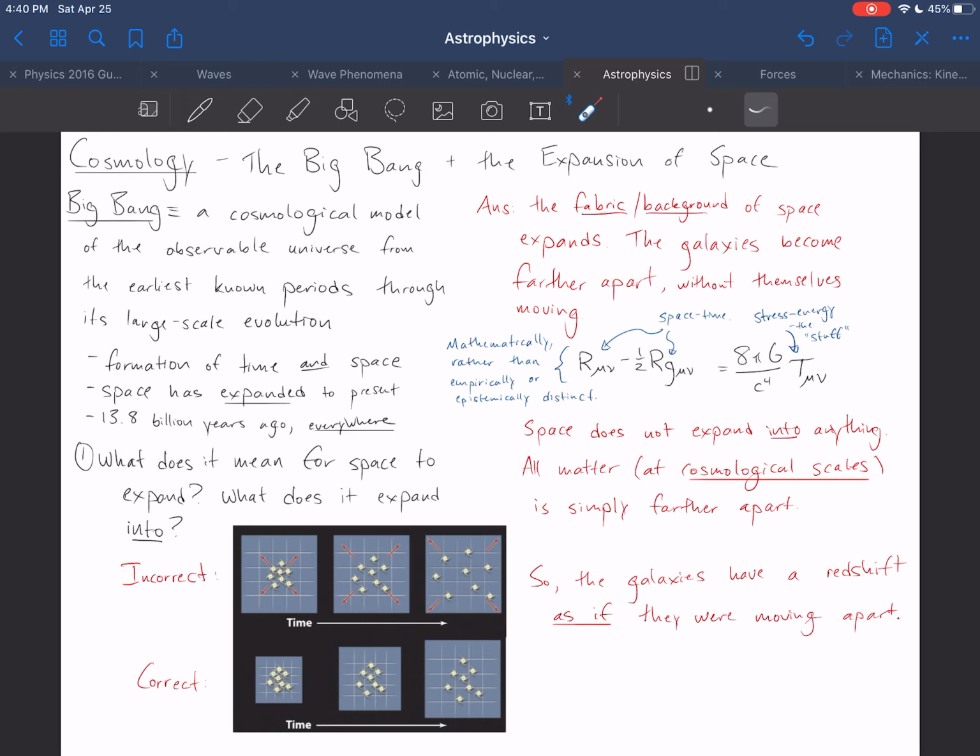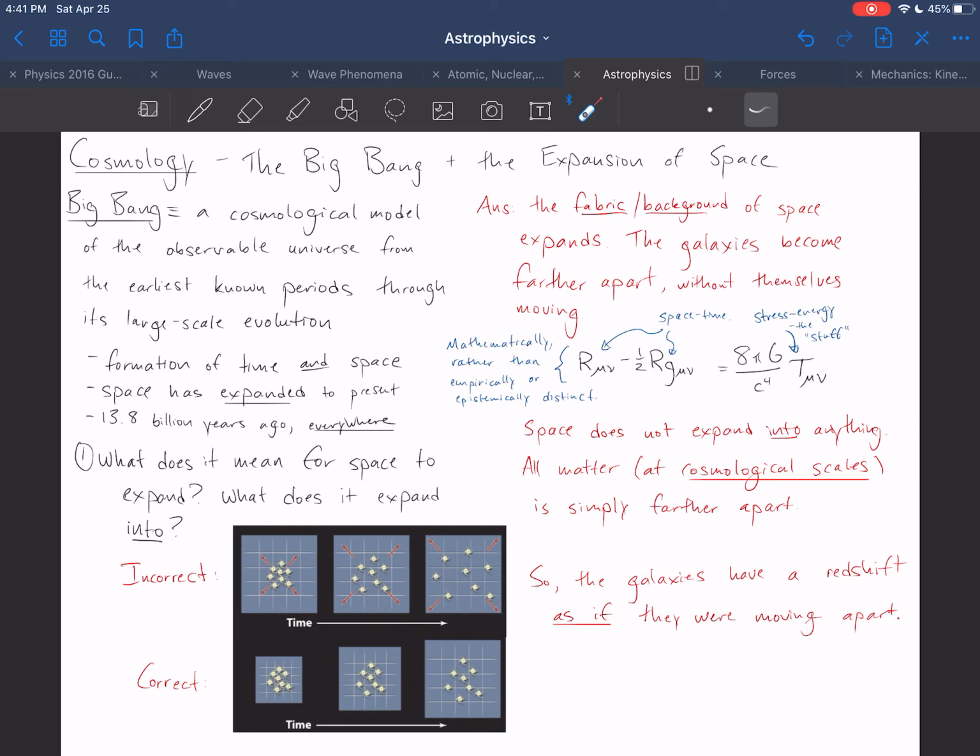And as it turns out, if space-time expands uniformly, we see exactly what we would expect given Hubble's law. So we have a way of quantifying it, and a way of saying, here's what the evidence would be. So we go look for the evidence, and we find it. Note, it is not expanding into anything. It's just that the matter itself is farther apart.